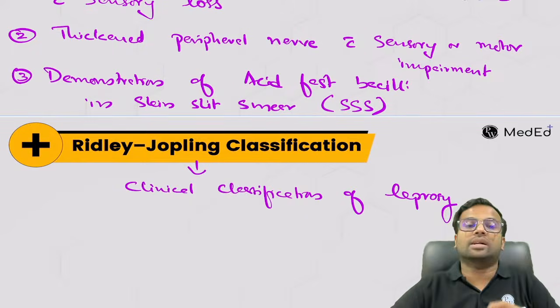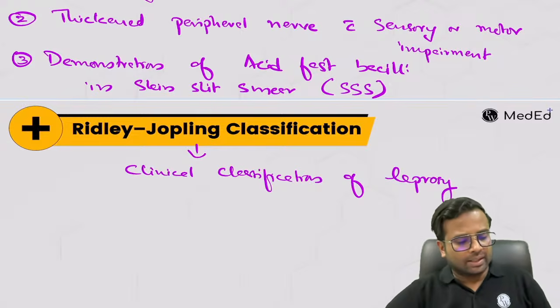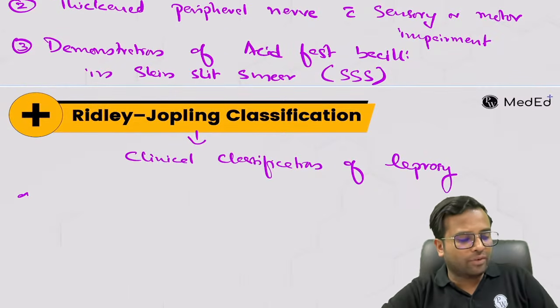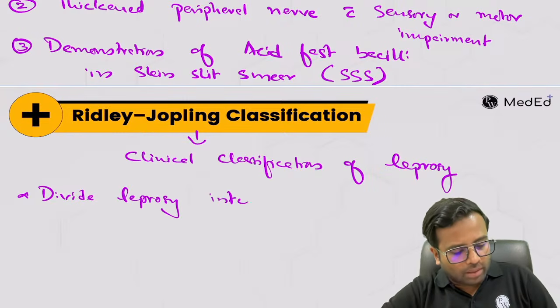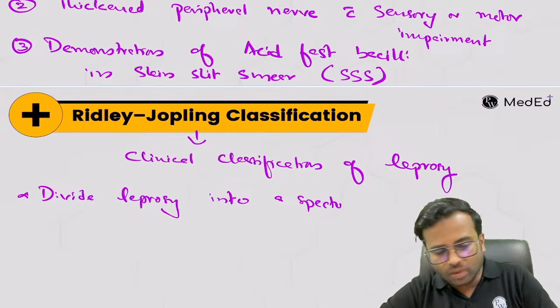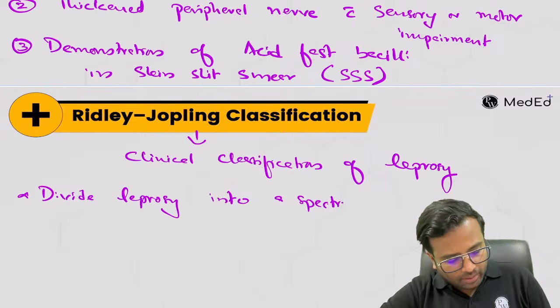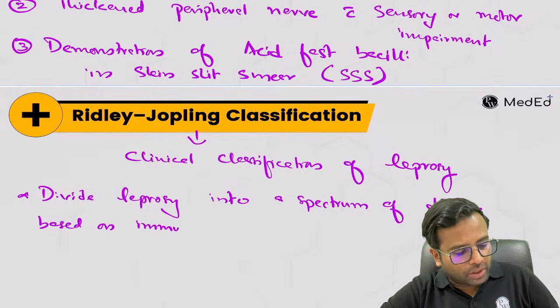What happens in this clinical classification is that here we divide leprosy into a spectrum of disease, based on the immunity of the patient.